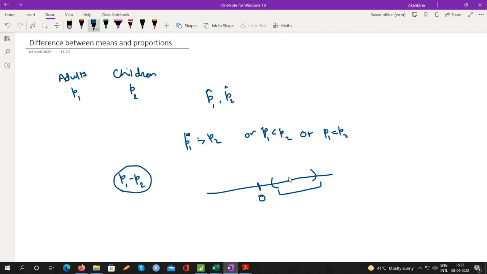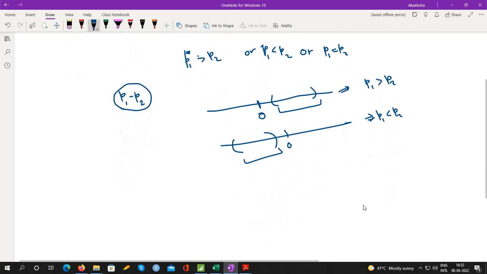In such a scenario we will conclude that P1 is larger than P2. On the other hand, if my 0 is here and the interval for P1 minus P2 is here, then we would conclude that P1 is smaller than P2.